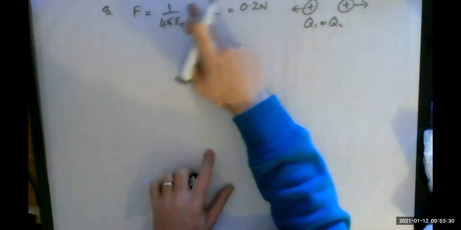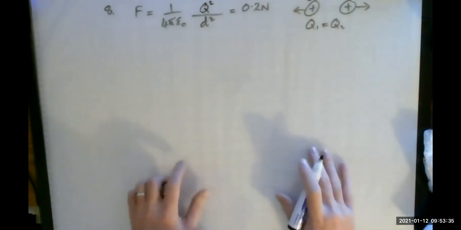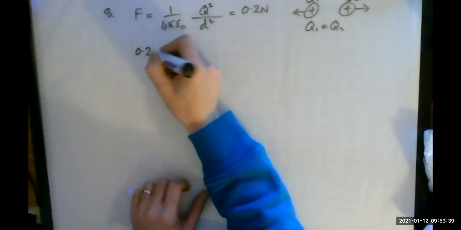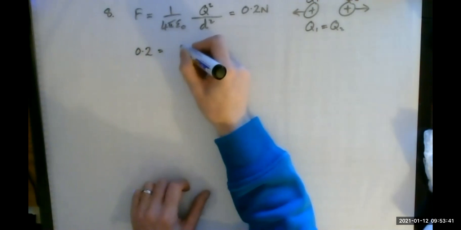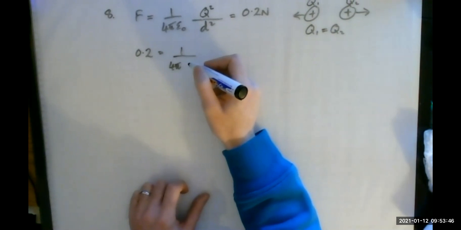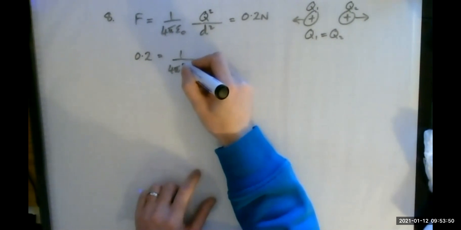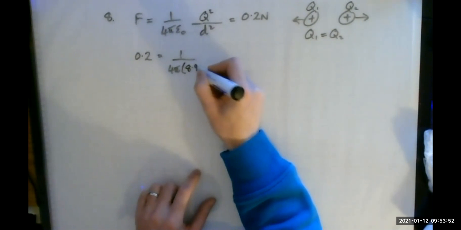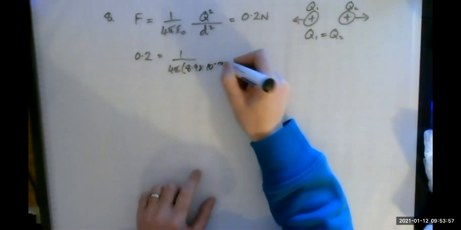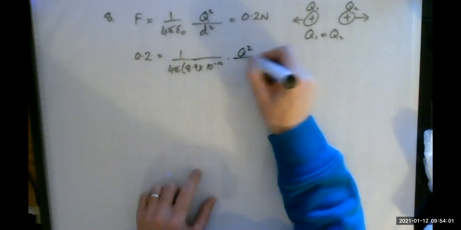So we change the formula to get q squared. We have 0.2 newtons as the force, equals 4 pi times the permittivity of vacuum, which is 8.9 by 10 to the power of minus 12, times q squared over d squared.